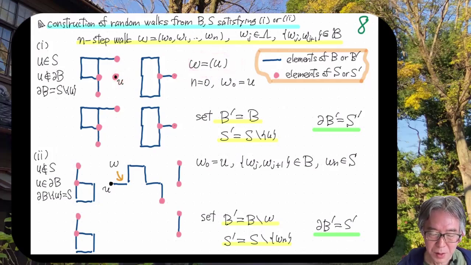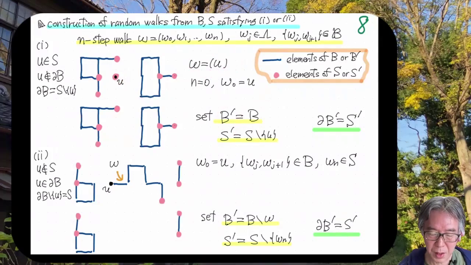Then I define new sets B prime and S prime from here by taking away this random walk. In this case it's quite simple. This random walk consists of a single point, so I just take away this single site from S, and the remaining set is denoted S prime.